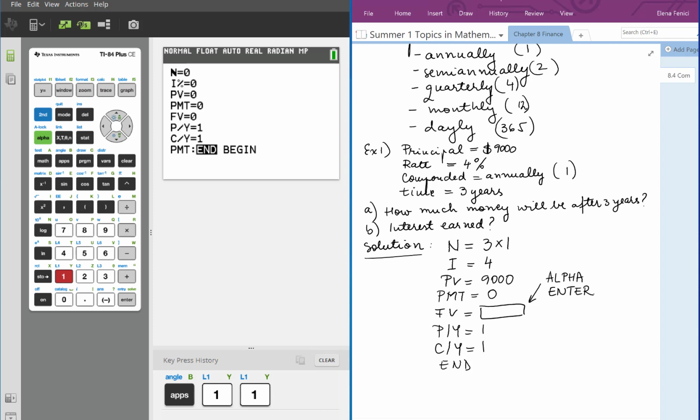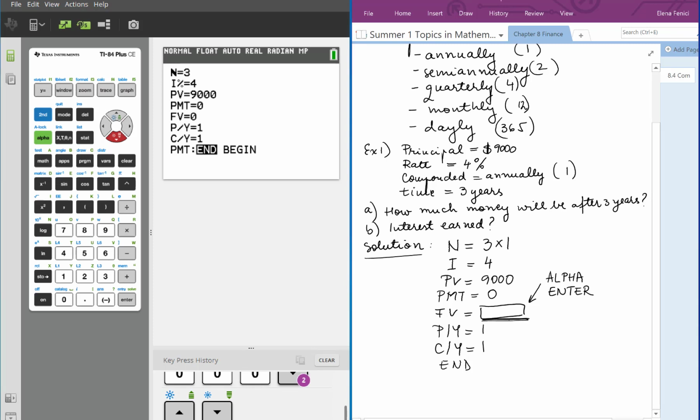So N equals 3. Then we go down and put the interest, 4. Then we go down and put the present value, 9,000. The payment is already 0, so I'm just going to leave it like that. The P/Y is already 1, so we are fine. Then we go to future value, the one that we actually want to find. And I'm going to press alpha, enter. Alpha, enter.